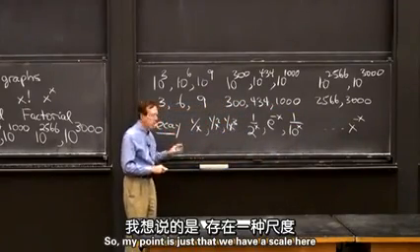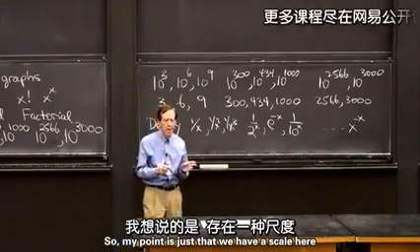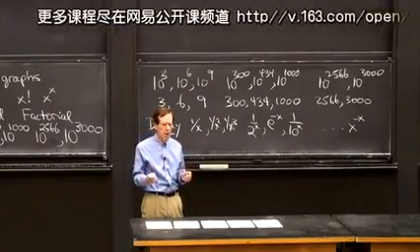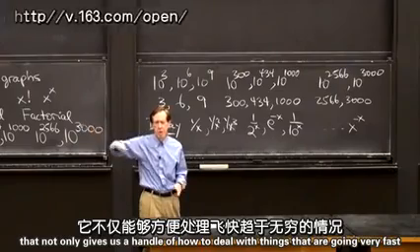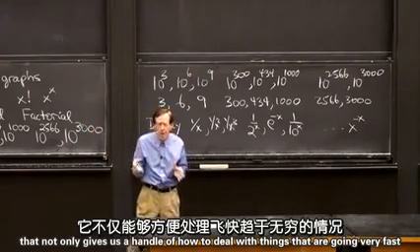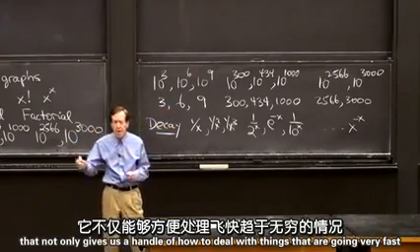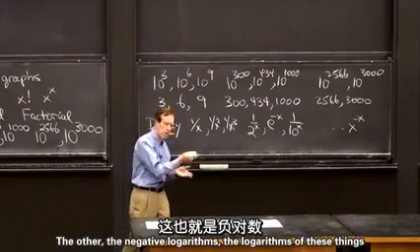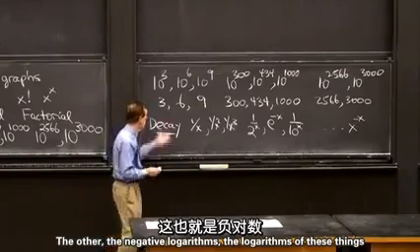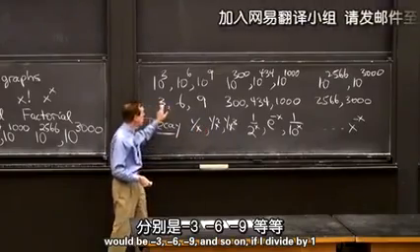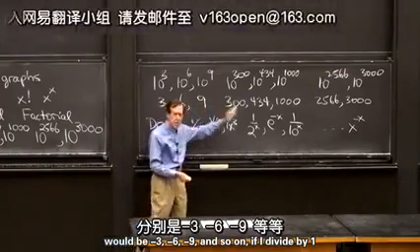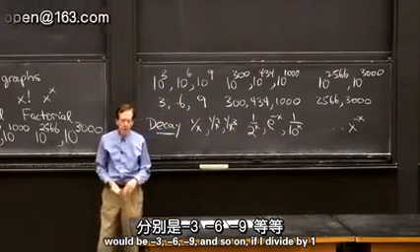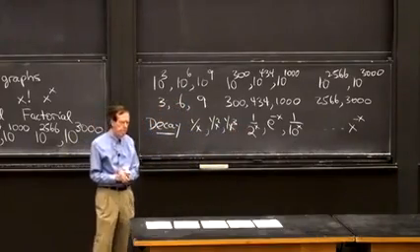Okay, so my point is just that we have a scale here that gives us a handle on things that are growing very fast, but also things that are going to zero very fast. The logarithms of these things would be minus 3, minus 6, minus 9, and so on, if I divide by 1. Good.